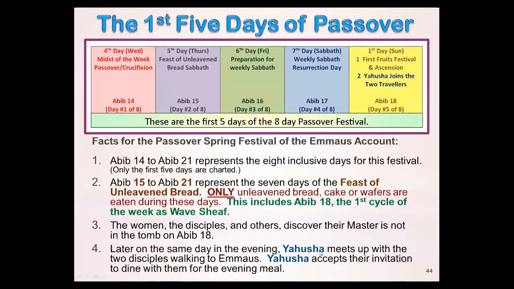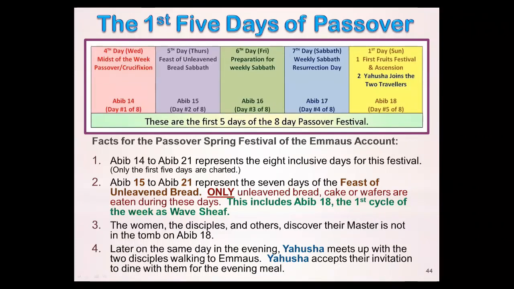That's going to include Abib 18, the first cycle of the week, as the wave sheaf. The women and the disciples and others discover that their master is not in the tomb. And later on the same day in the evening, you all know that Yahusha meets up with those 2 disciples walking to Emmaus, and he accepts their invitation to dine with them for the evening meal.